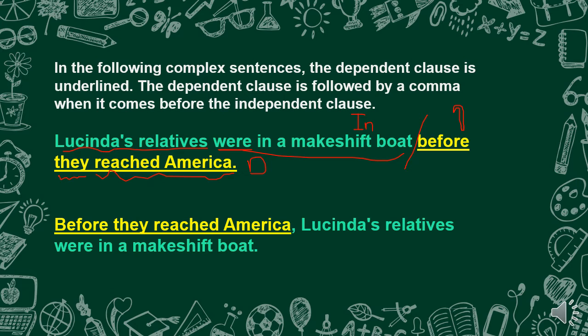If I put the dependent clause at the beginning of the complex sentence, before they reached America, and then here a comma, Lucinda's relatives were in a makeshift boat. So I can also change the order of the two clauses, but if the dependent clause comes at the beginning, a comma has to follow.